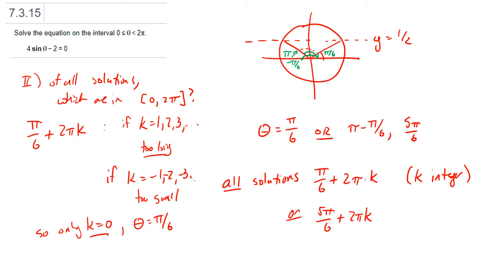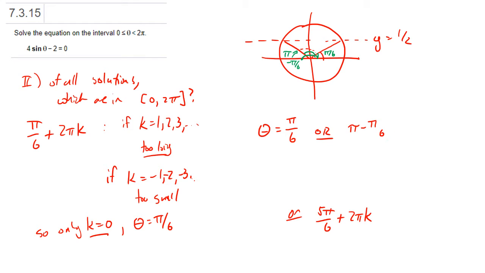That's only half of the question, though, because while pi over 6 plus 2 pi times an integer gave us some solutions, so did 5 pi over 6 plus 2 pi times an integer. Let's look at what happens to these solutions, and it's going to be quite similar. If k is equal to 1, 2, 3, etc., this is going to be too big.